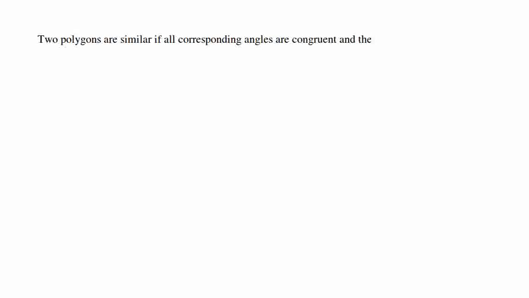Okay, so two polygons are similar if all corresponding angles are congruent and all the ratios of corresponding side lengths are equal.